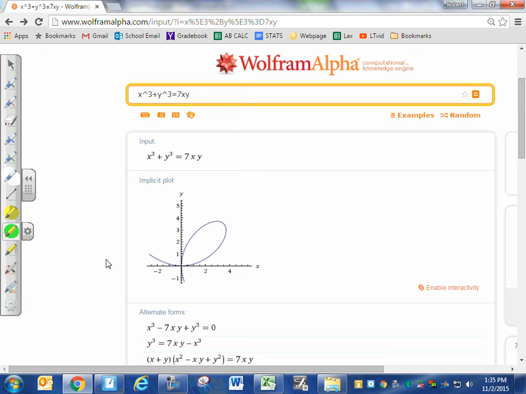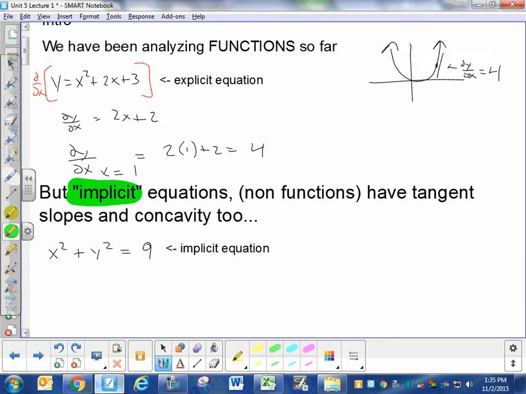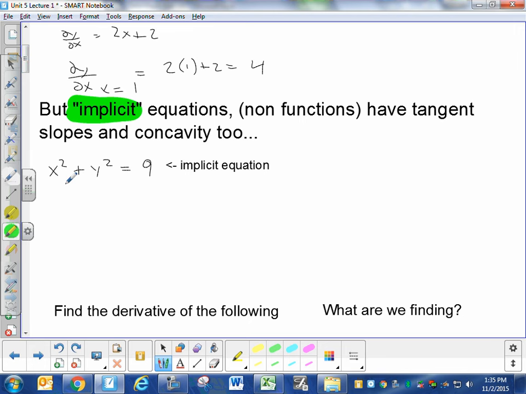Okay, and these are implicit equations, and we are going to take the derivative of these because we're going to find the tangent slopes of these interesting equations at points. Okay, so there's an implicit equation. It's not easy to plug in an x and get a y.